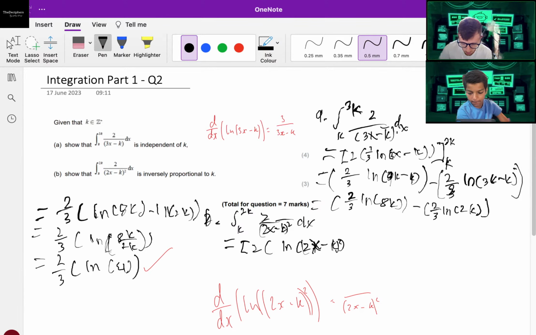The thing with the chain rule, if you're differentiating ln of blah squared, it's going to be 1 over blah squared times the derivative of blah. So what's the derivative of (2x minus k) squared? That's 8x minus 4k.